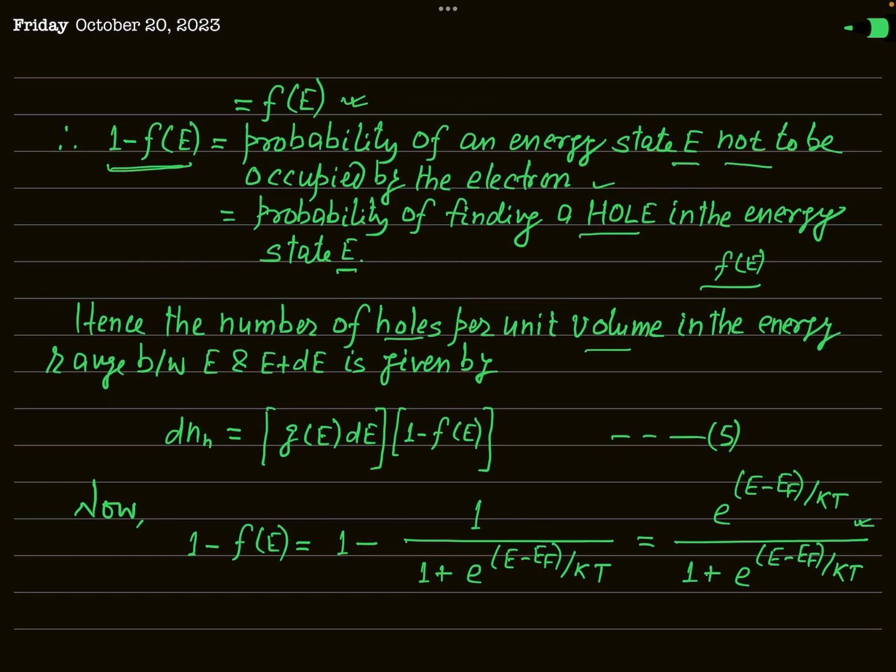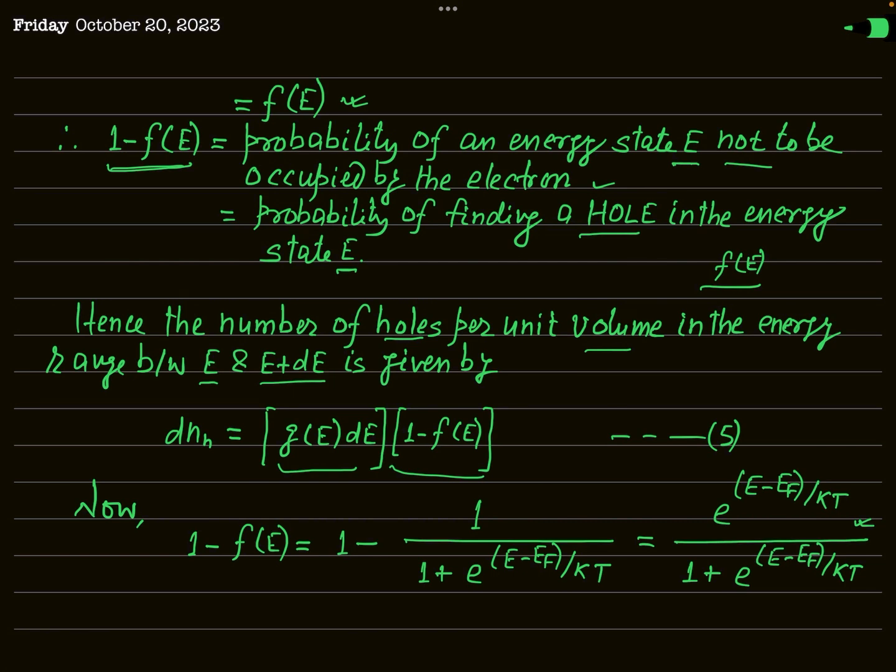Okay? So now let us see. You have seen that the number of holes per unit volume in the energy range between E and E plus dE, what will be this? This will be equal to density of states times the occupation probability for holes.